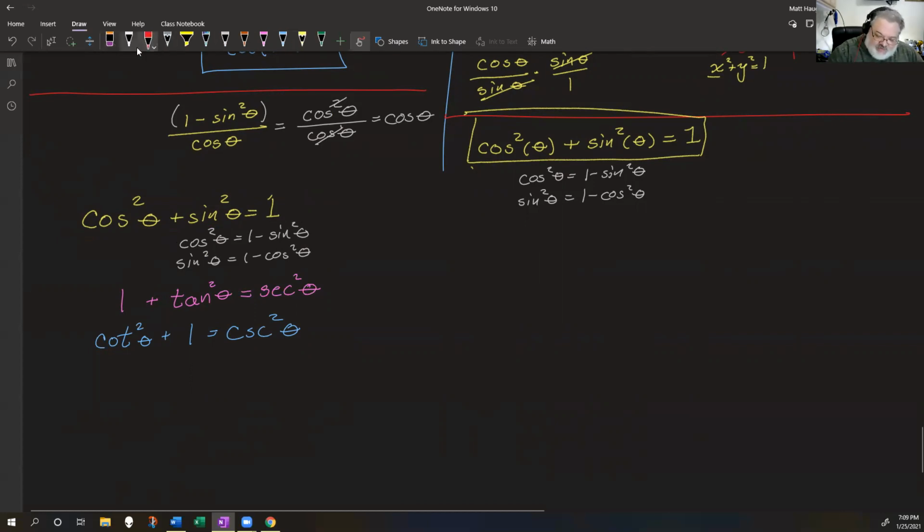So these as a group form our Pythagorean identities. You will use this primary one and its forms most of the time. Mostly when you use your Pythagorean identities, it'll be that primary one. But tangent and secant are both really important and really powerful functions. They come up in a lot of applications.